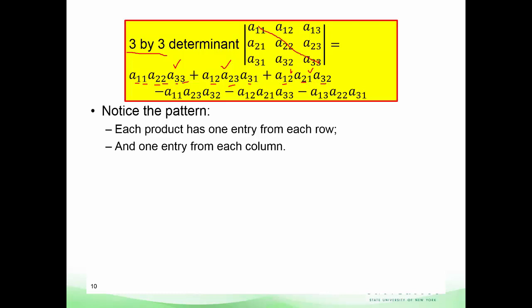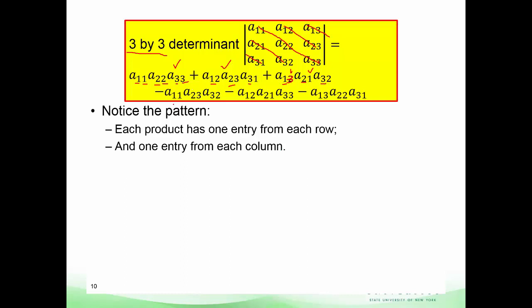This term is the first one. This is the second one, which takes us down to there if I brought it over. Then I've got A13, A21, A32. So it's this one that's the problem. That should be a 3. I will try to fix that in the notes before I post them.